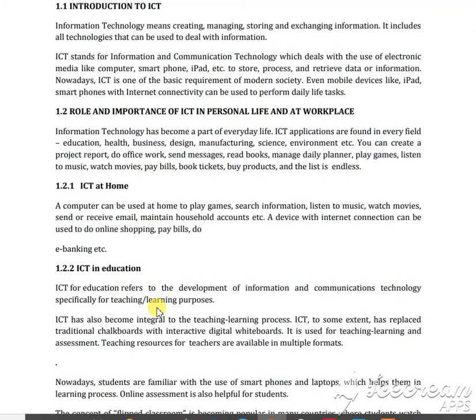Next, what is ICT in the educational system? In our educational system we are widely using it, and due to the COVID-19 pandemic situation, we are using ICT on a huge scale. In every corner of our country, many students are using mobile phones, which they did not think they could use, but today they are using them for learning and for knowing the subject matter.